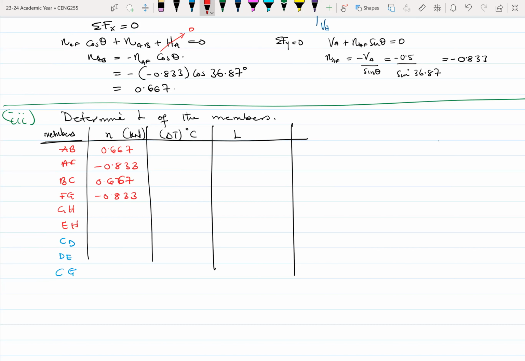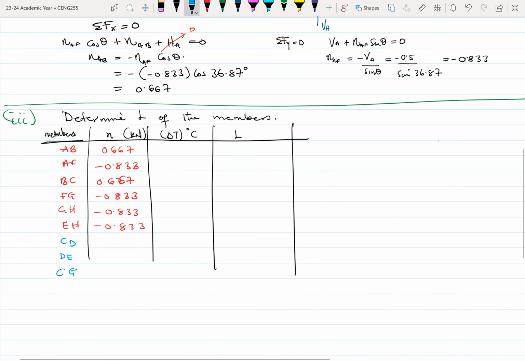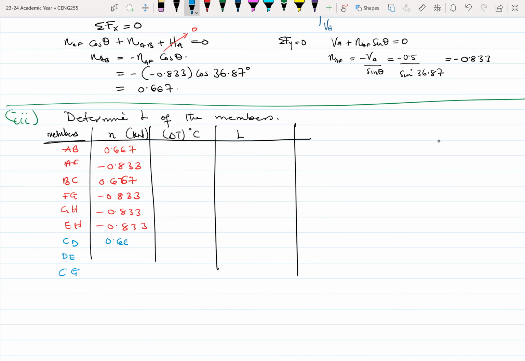Yeah, this is a minus 0.833. Then again, EH is minus 0.833. So for CD, it is 0.667. Then for DE, 0.667. Then for CG is 1.